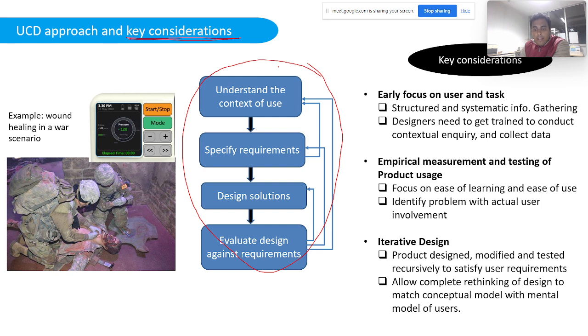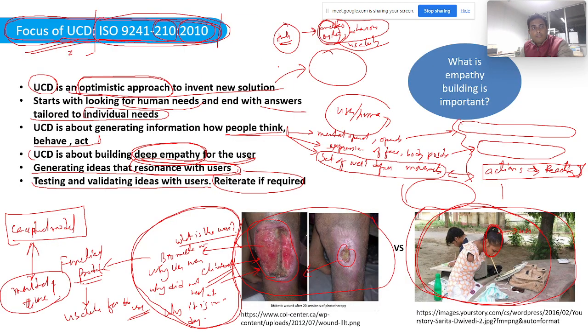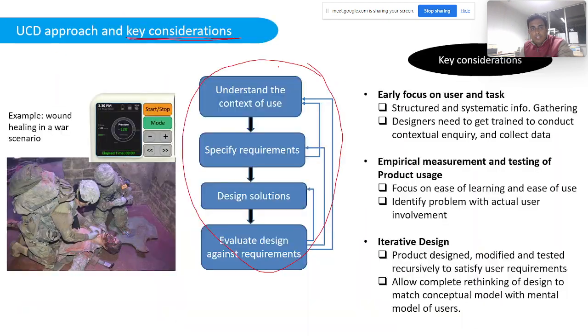I discussed this previously as the focus of UCD, but here it is pictorially represented. First is understanding the context of use, then specify requirements, design solution, then evaluate the design against the requirements, which looks like a sequential process.